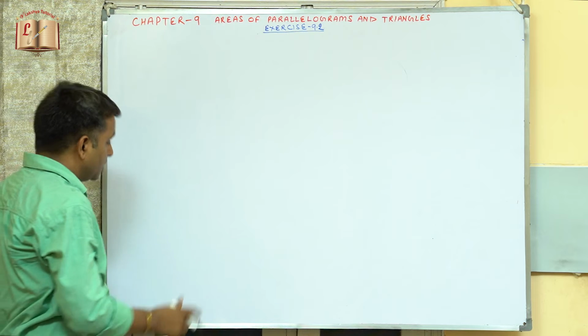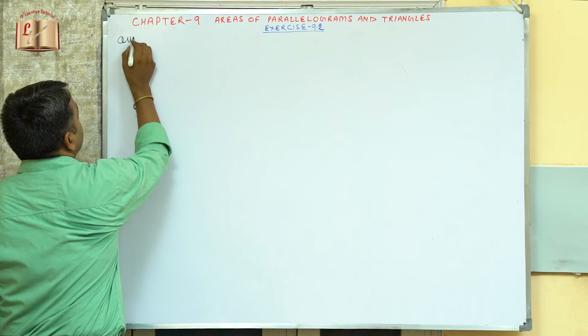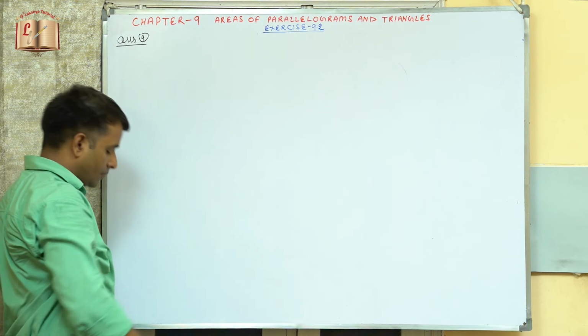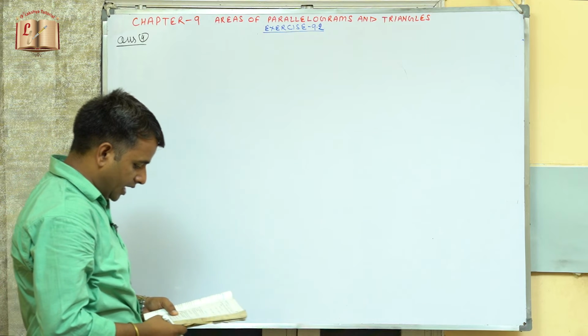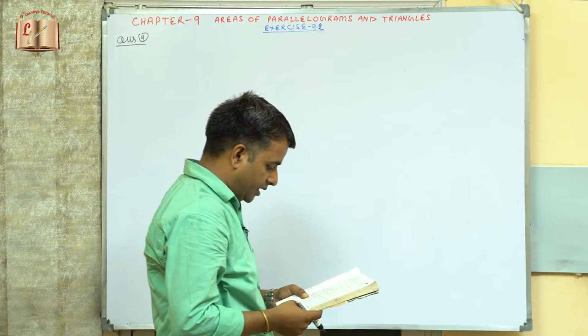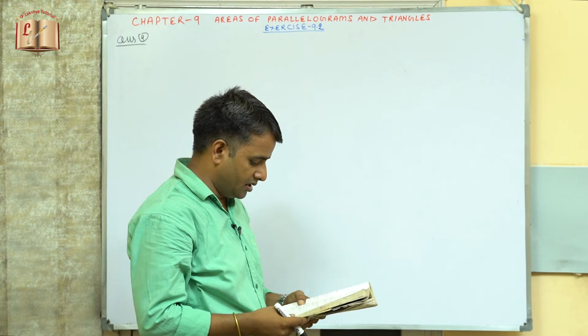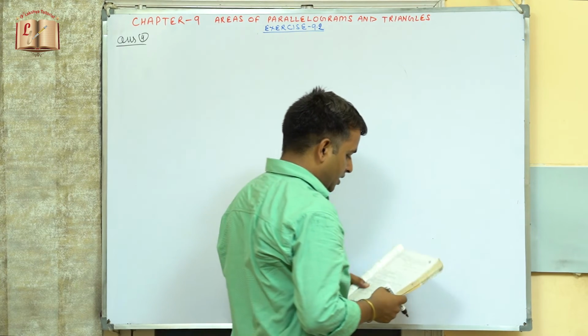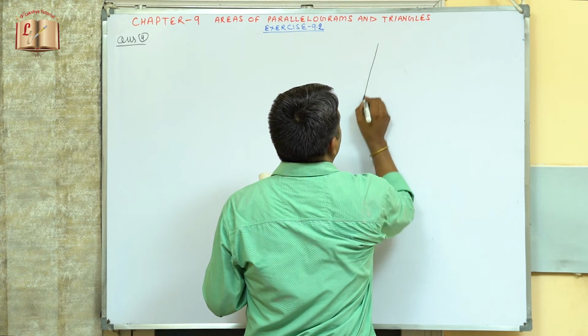So now coming to question number 4. In figure 9.16, P is a point in the interior of the parallelogram ABCD. Then we need to prove these 2 points. So first of all, we will make this diagram.